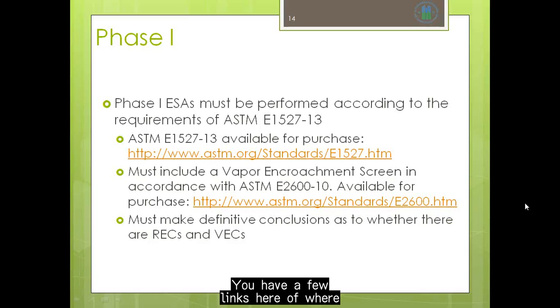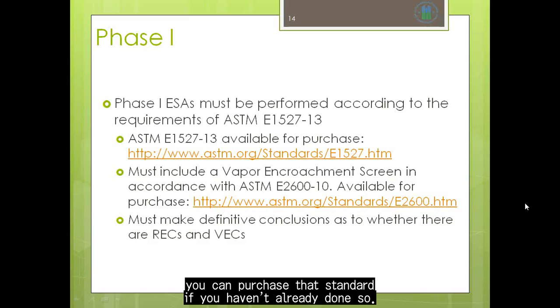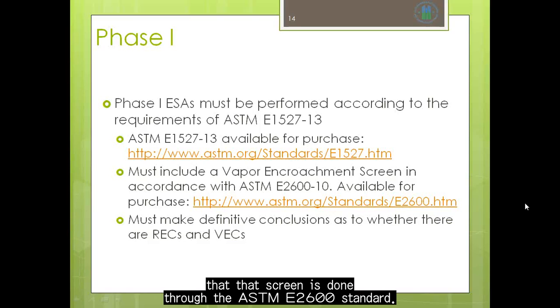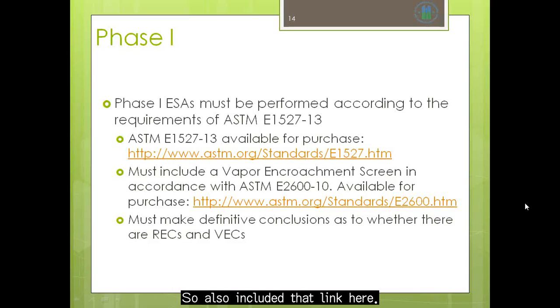I give a few links here of where you can purchase that standard if you haven't already done so. And you'll notice within that standard that a vapor encroachment screen is required as part of that standard. HUD, for this program and for most of our programs in housing, traditionally requires that that screen is done through the ASTM E2600 standard. So I also included that link here.